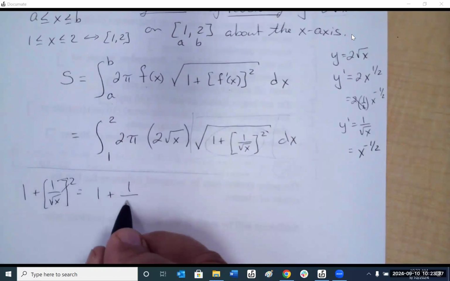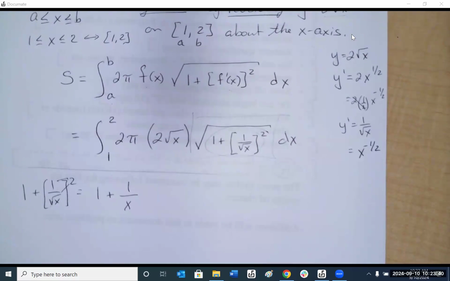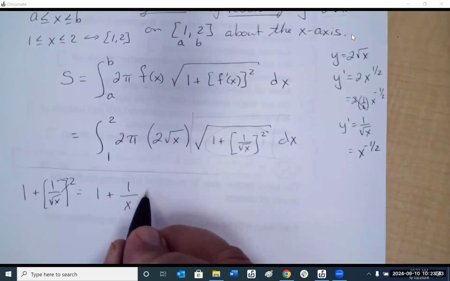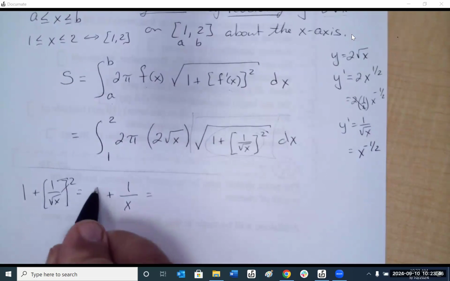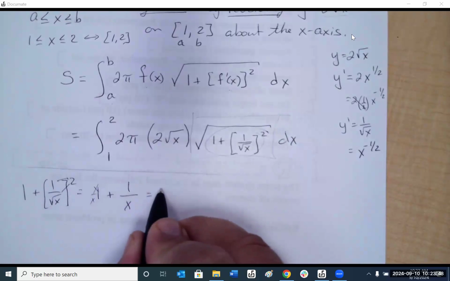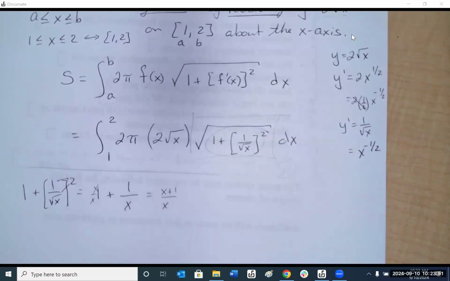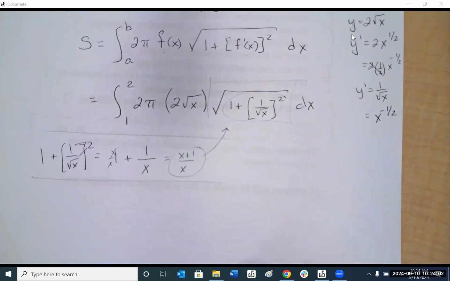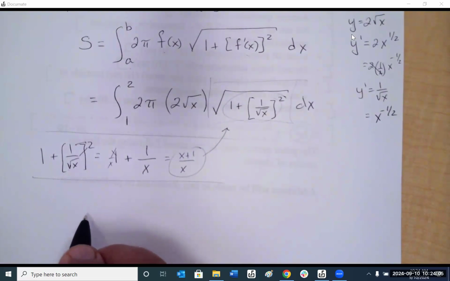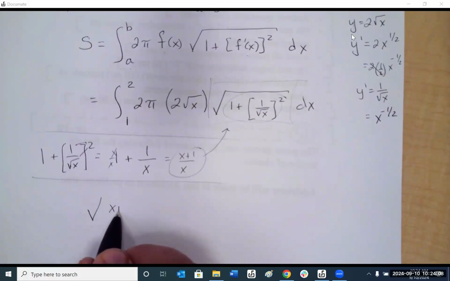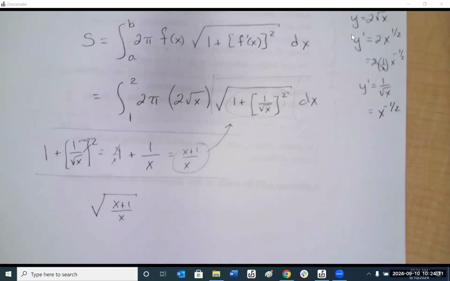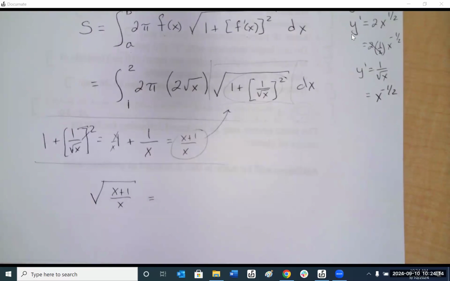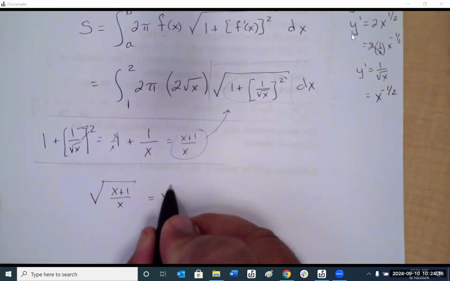The square root and the square cancel, so we have 1 over x. 1 is the same thing as x over x, so we have x plus 1 over x. This goes back inside there. So now we have the square root of x plus 1 over x. We can split those.